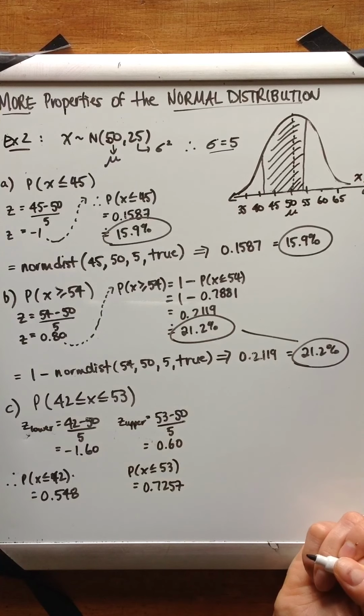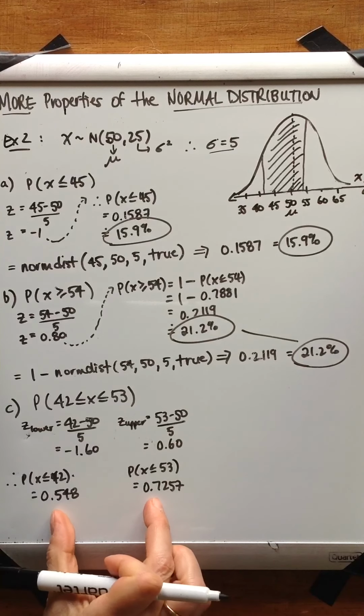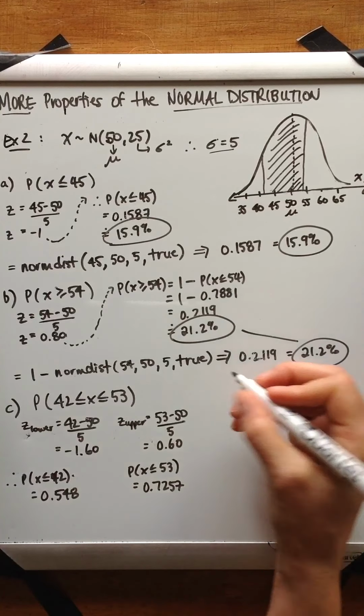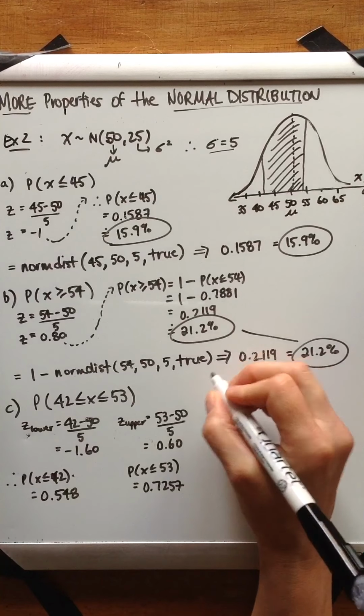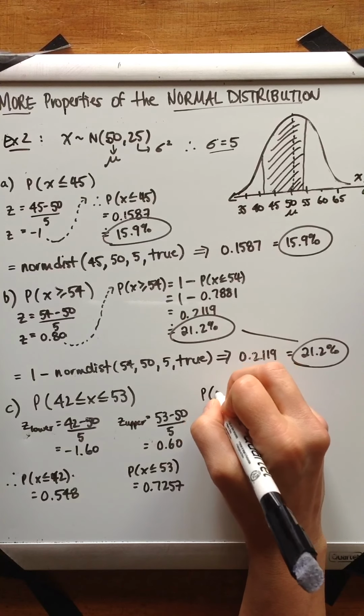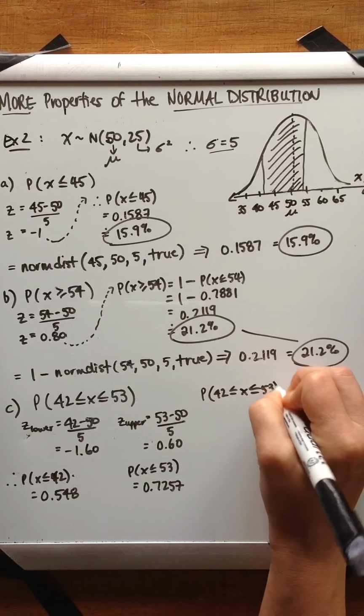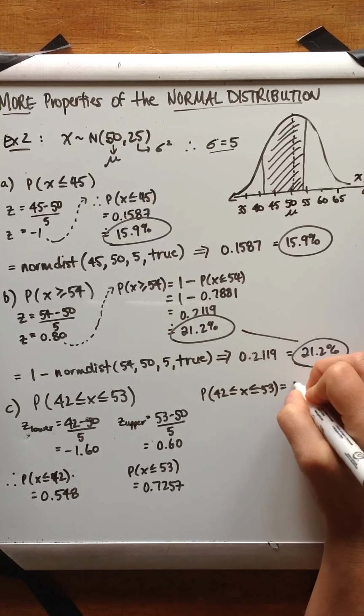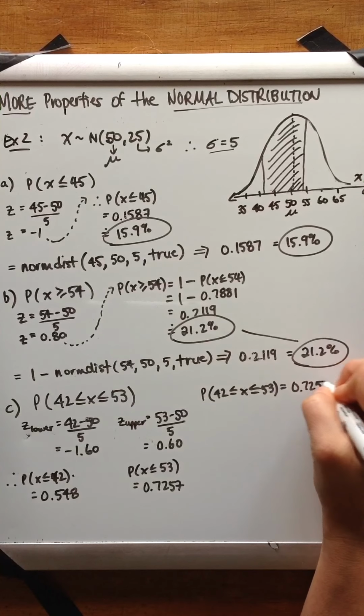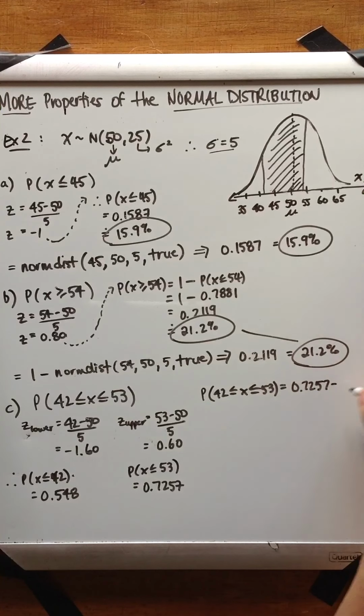Okay, so the probability will be the difference between these. So the probability between values 42 and 53 for x would be equal to 0.7257 minus 0.548.